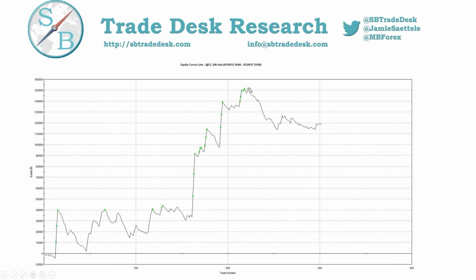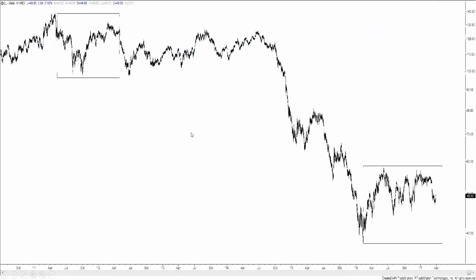Not the implied, but the realized volatility low, and the market's actually kind of started slowing down, right? After we came off the low, we had a little bit of a V bottom, and since then things have been really quiet in crude. So these are the two periods where you have drawdown, again, for the most part, overlapping corrective price behavior, especially recently, right?